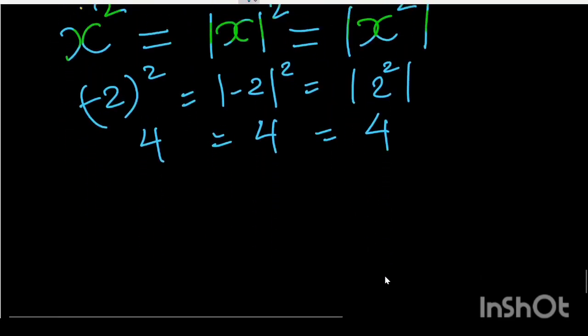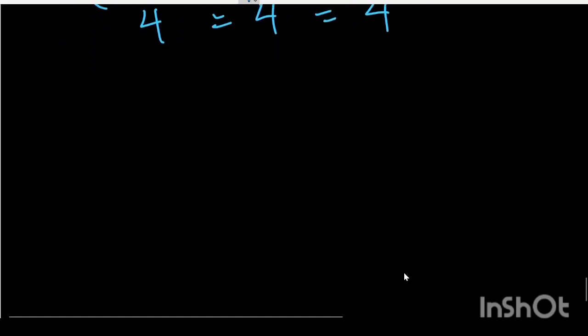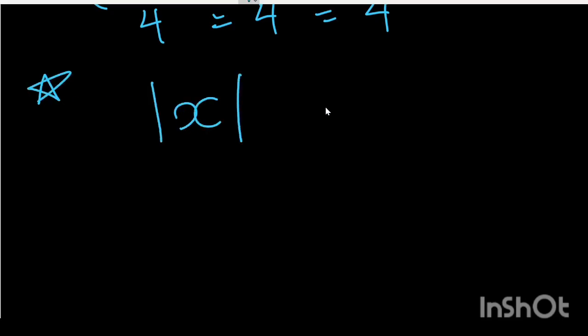Now coming back to the next inequality, |x| less than or equal to a. |x| is positive, a is positive. In the previous example we saw that some solutions were there. Now in order to find the full, exhaustive range of solutions, how do we solve this?